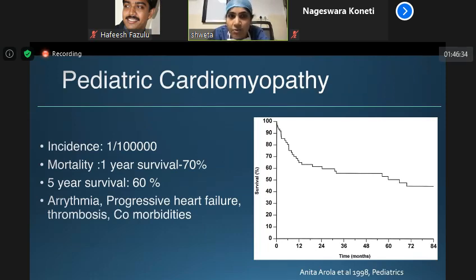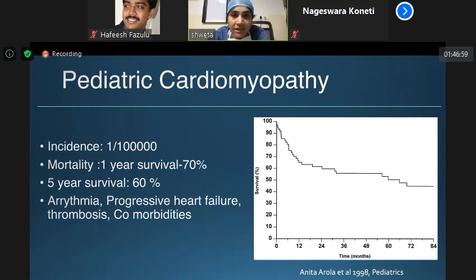It is like 1 in 1 lakh population, but we often see in pediatric cardiology OP cases of ventricular dysfunction, and then we need to look into its follow-up and the treatment options. If you don't treat it properly, the mortality is very high. The first year mortality is almost 70%, and the 5-year mortality further increases.